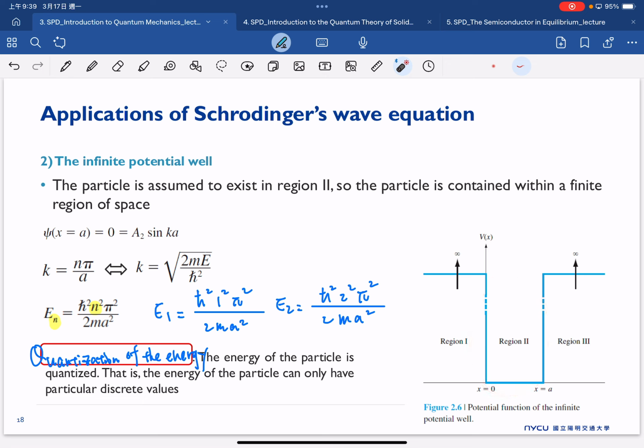So the quantization of energy means that the energy of the particle is quantized, so it can be counted as a discrete number.